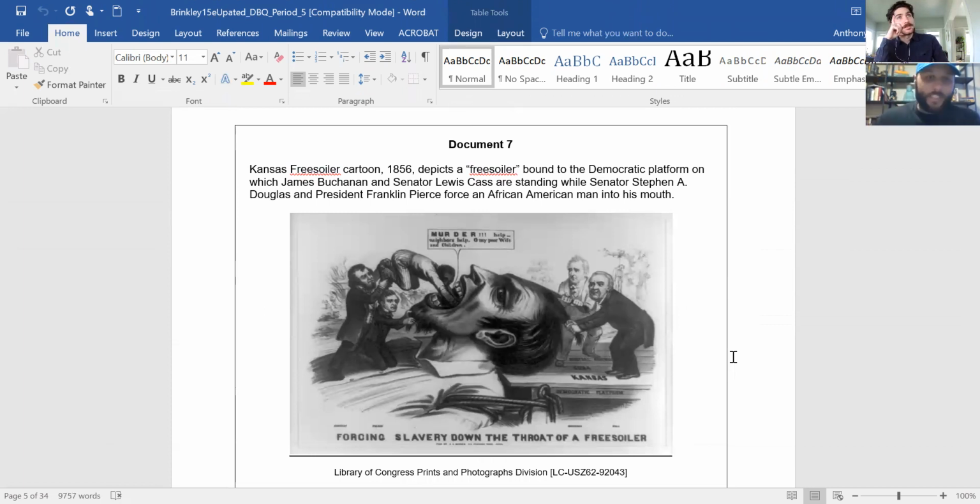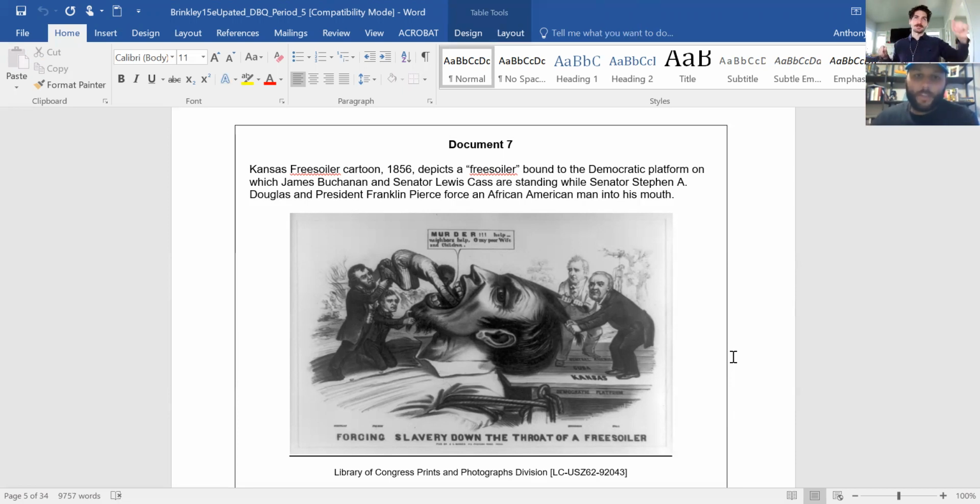It's 1856, so you're really at that last push up into the Civil War. This is an anti-democratic platform. Yes, this is staunchly opposed to what is going to eventually be the... dang.